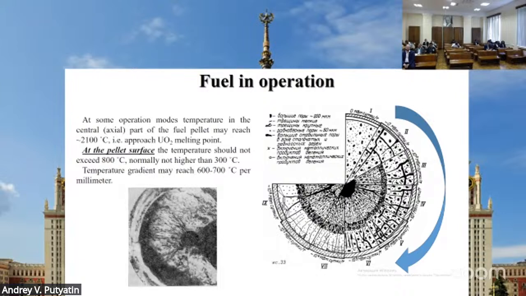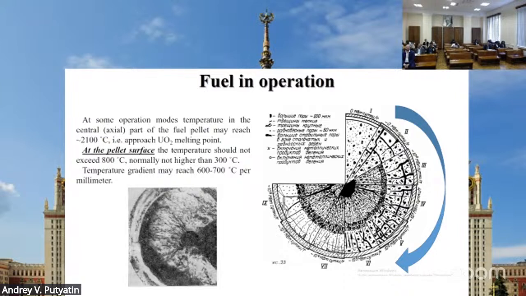As soon as the pellet goes into the reactor, due to neutron irradiation, you generate fission products. Some of them are gaseous products, like xenon, for example. You have different elements which can be dissolved in the uranium lattice or cannot be dissolved, and they form precipitates of the so-called epsilon phase.